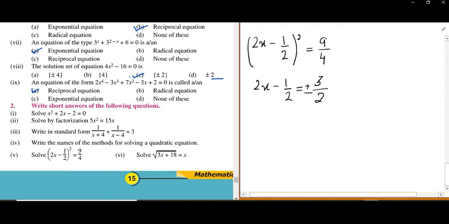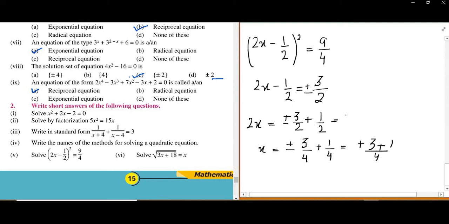Just separate the variable. You will get 2x equals 3 by 2 plus 1 by 2. Just divide by 2: x equals plus 3 plus 1 by 4, and the second is minus 3 plus 1 by 4.